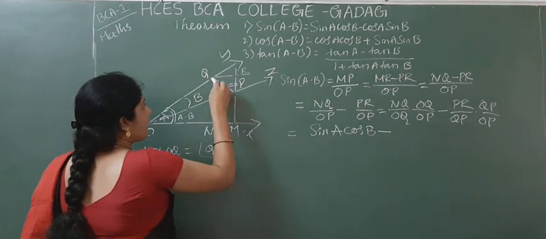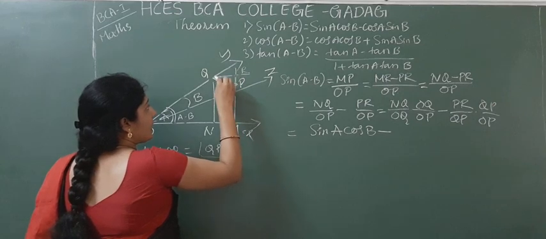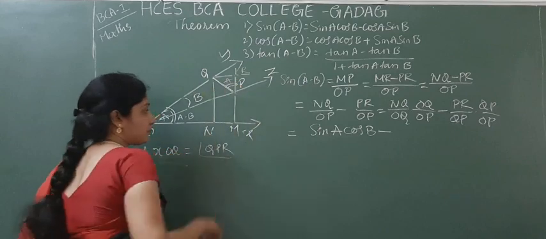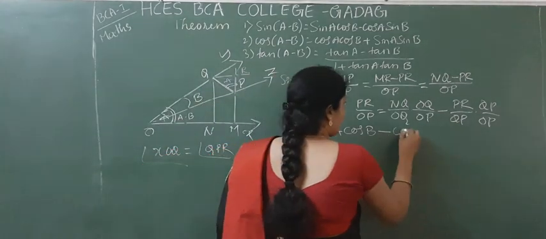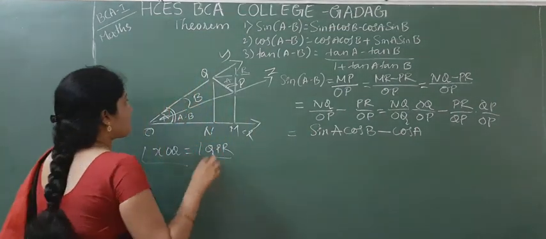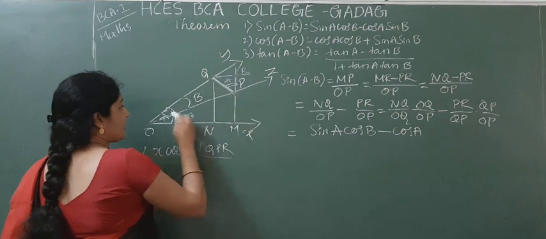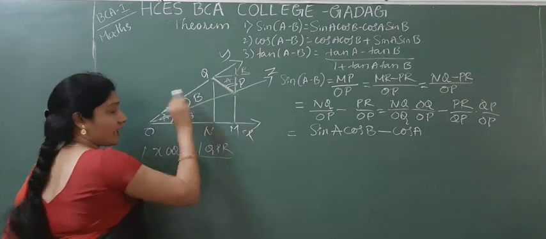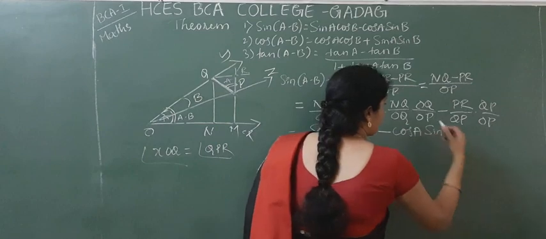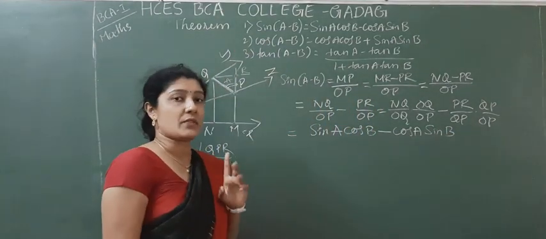PR divided by QP. What is this? Adjacent divided by hypotenuse of angle which one? A. Therefore, it is cos A. Next, QP divided by OP means opposite divided by hypotenuse of angle B, hence it is sine B. So this is the proof of the first theorem.